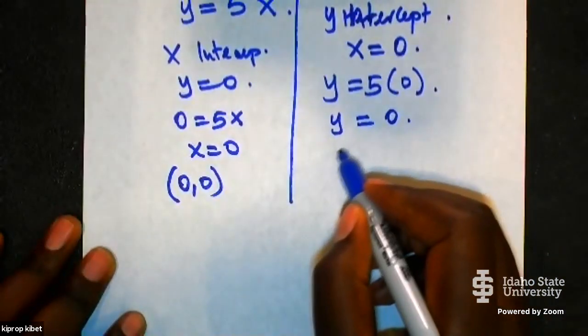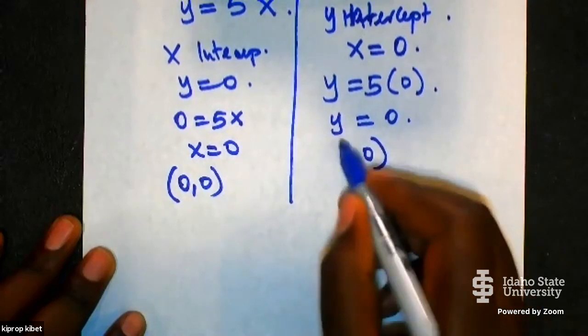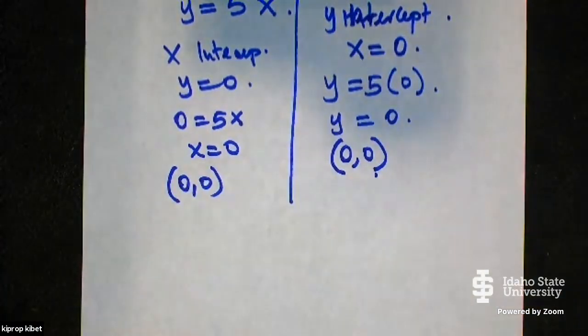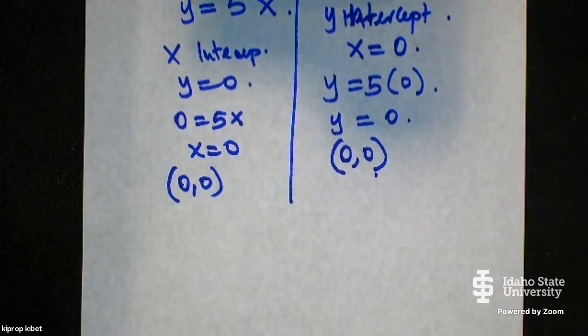So we have the point 0 and then 0. So we have found 2 points, but they are the same. So that one is just 1 point, right? So we need to look for the other 2.